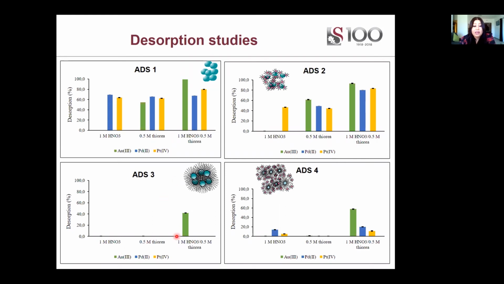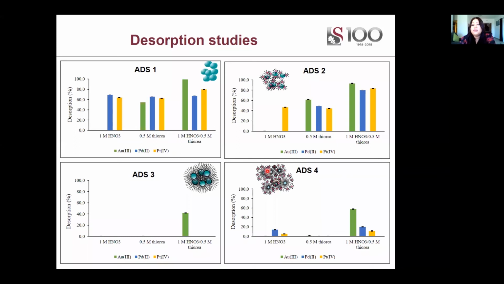For the third adsorbent, this would be because there was not much to adsorb in the first place, so therefore it only desorbed gold. And then surprisingly, or not surprisingly, for adsorbent 4, we desorbed very little metal, and even the mixture desorbed little of the metal, even though it extracted so much.